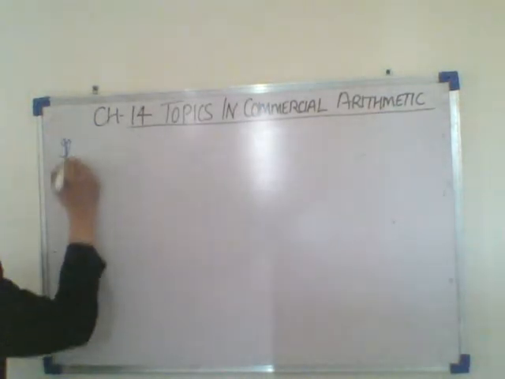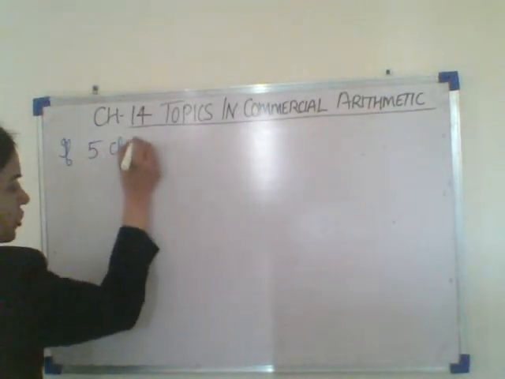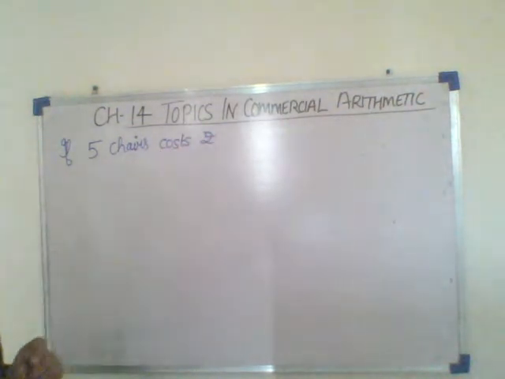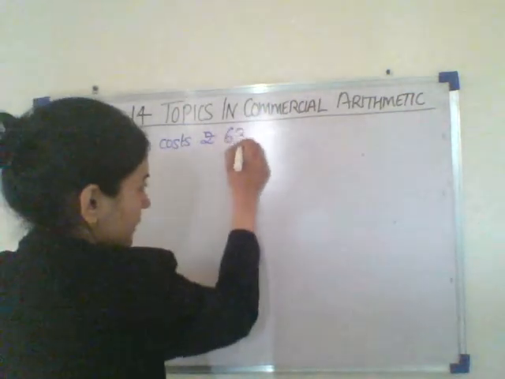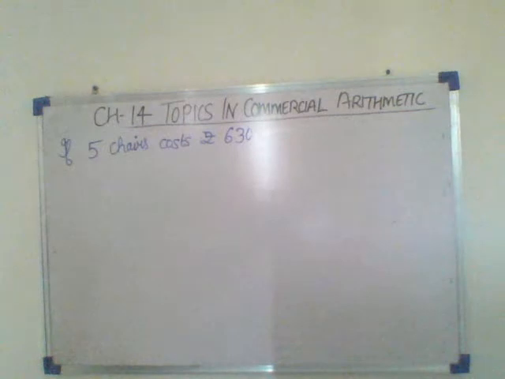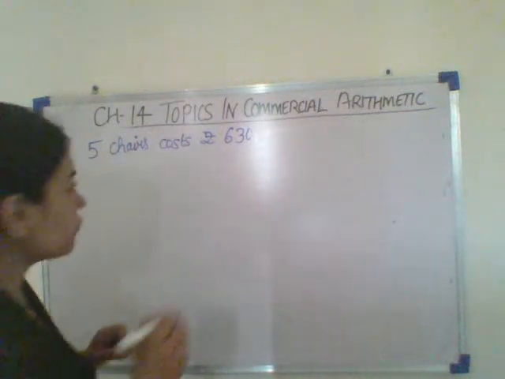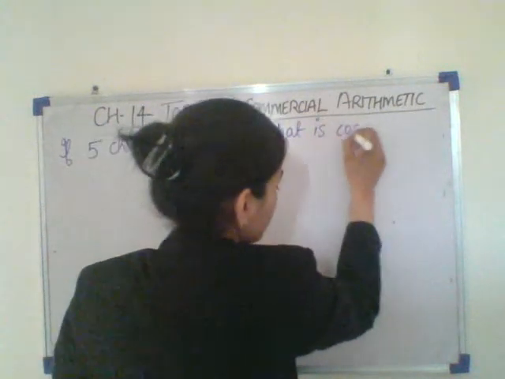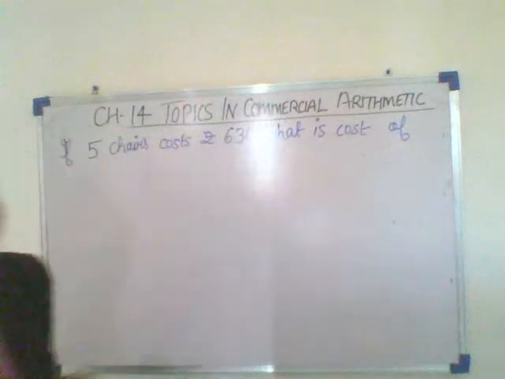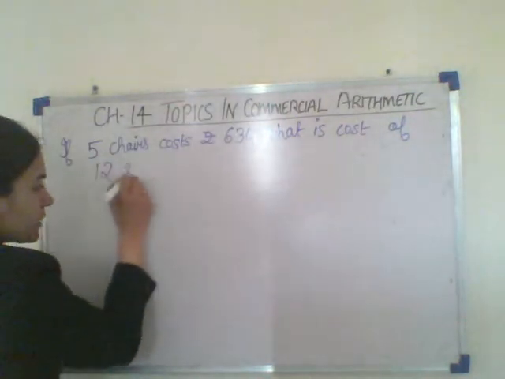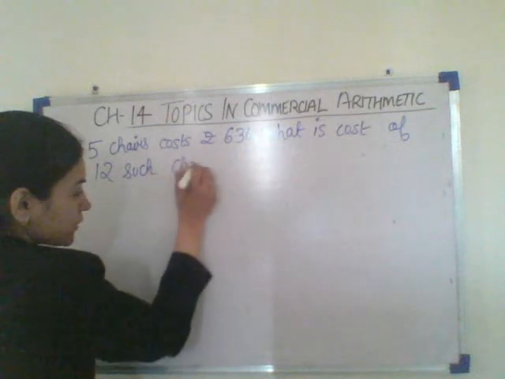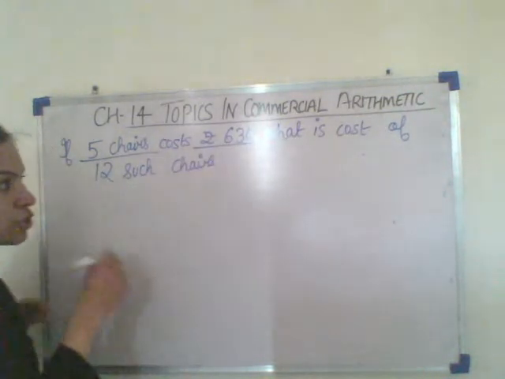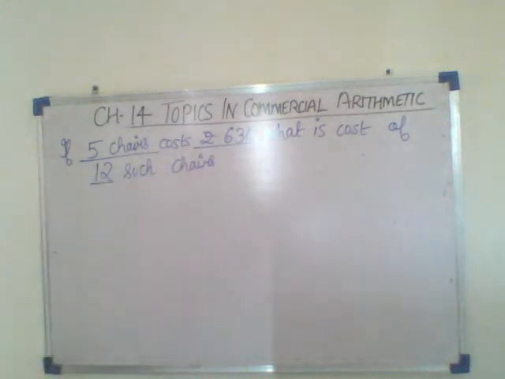If 5 chairs cost rupees 613, then you have to find the cost of 12 such chairs. What is given in the question? The cost of 5 chairs is given. You have to find the cost of 12 chairs.